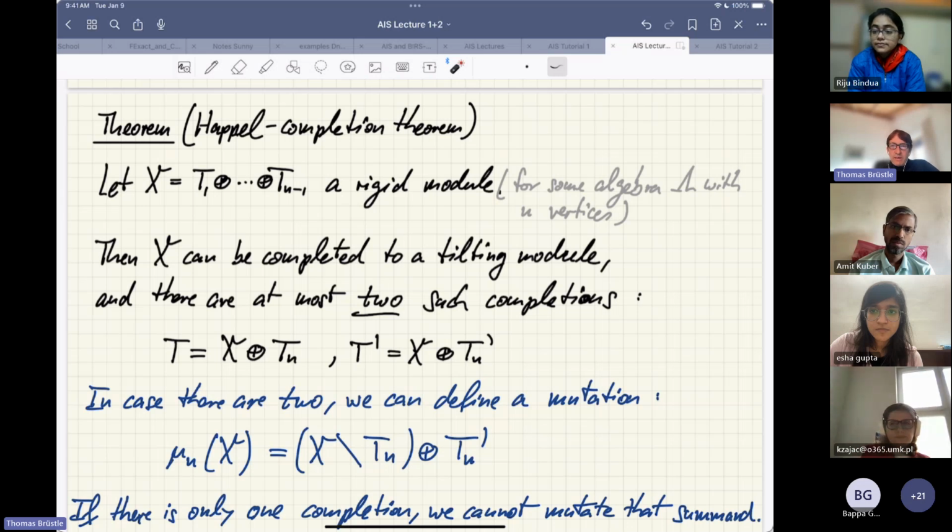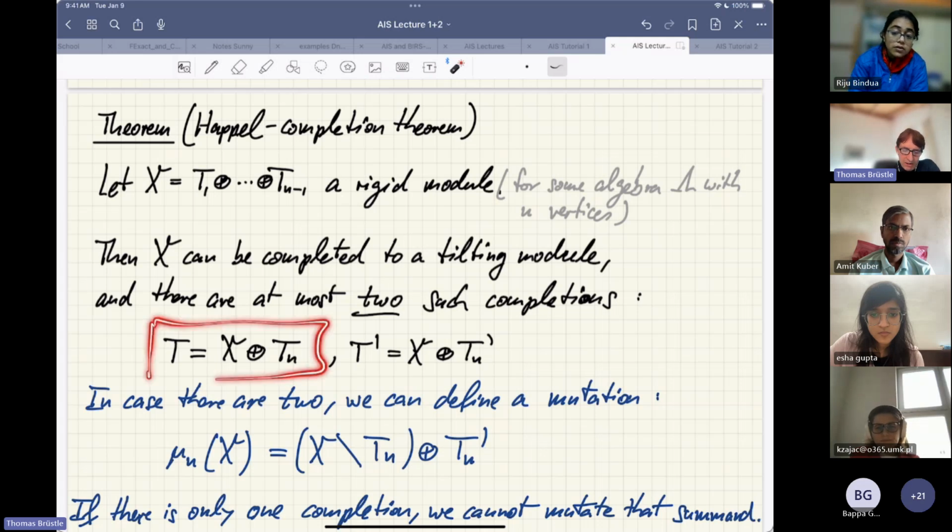In cluster algebras, when we are given a cluster, we want to define a mutation of the cluster. A mutation would take one cluster variable and replace it by another cluster variable. In our picture of the cluster category, this corresponds to choosing a cluster tilting set, removing one summand and replacing it by another summand, so this becomes again a cluster tilting set. We have a similar situation here.